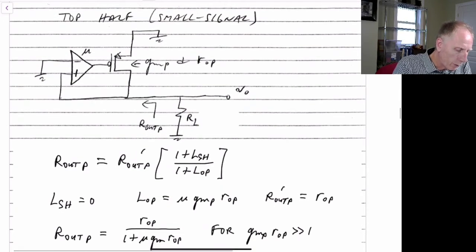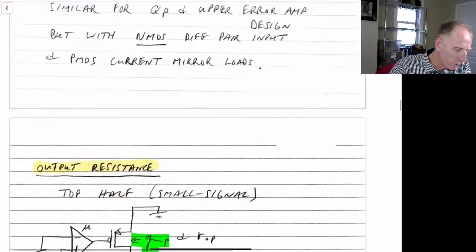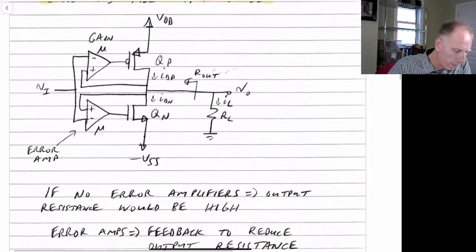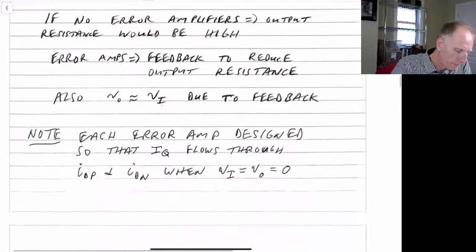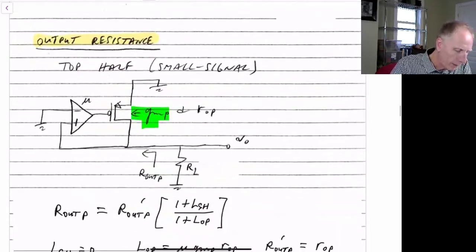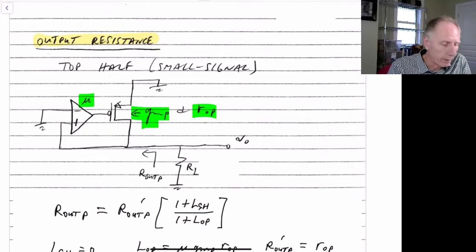We'll assume that this is the power transistor, this is our Q sub P, so this is this transistor right here. It has a gm of gmP, and we'll say it has an output impedance of roP. And we have our error amplifier, which has a gain of mu.